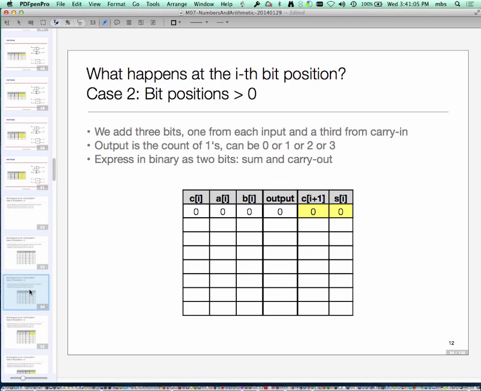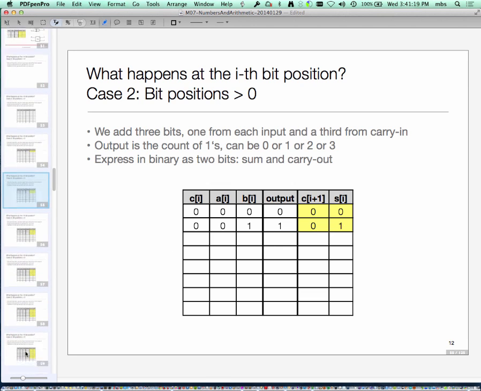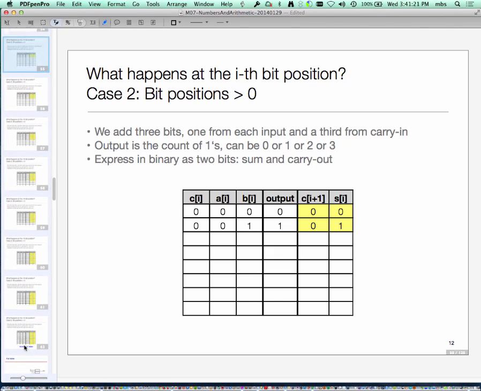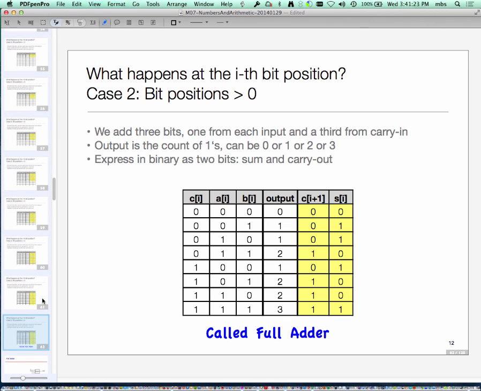So for example, if all 3 are 0, output is 0 and 0. If it's 0, 0, 1, then I want an output value of 1, which basically means sum is 1 and carry is 0. You repeat the same logic like this. So let's take another one like 1, 0, 1. 1, 0, 1 means I need an output of 2, which means my sum is 0 and carry is 1.